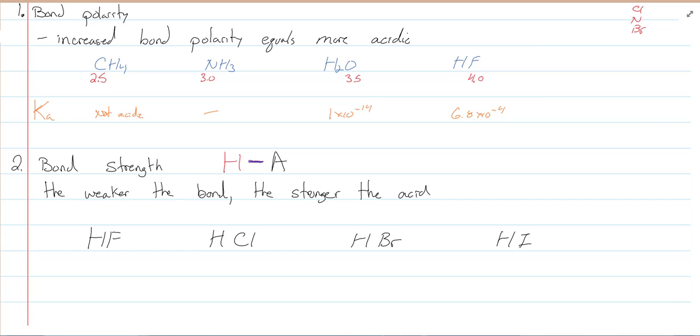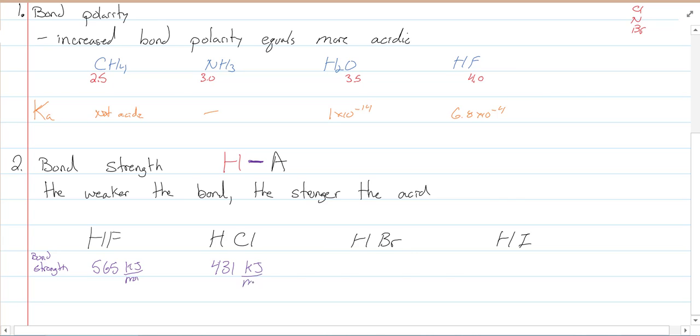When we talk about bond strength here, HF is 565 kilojoules per mole. HCl, 431 kilojoules per mole. HBr, 364 kilojoules per mole.